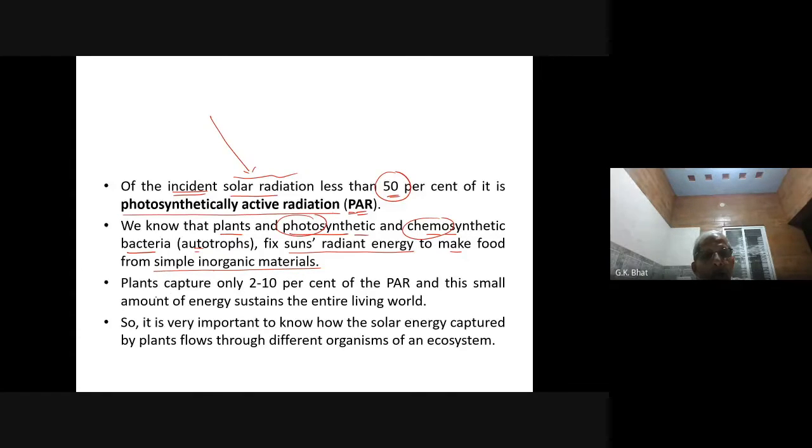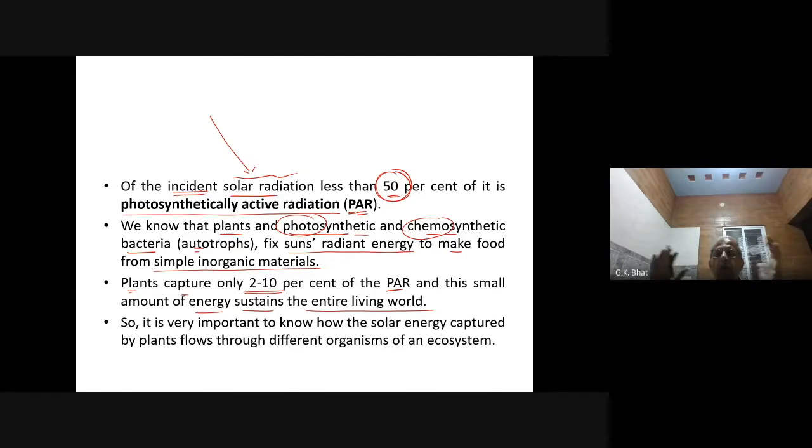Now, plants capture only 2 to 10% of the PAR. Less than 50% is PAR, and out of that only 2 to 10% is captured by the plants, and this small amount of energy sustains the entire living world.